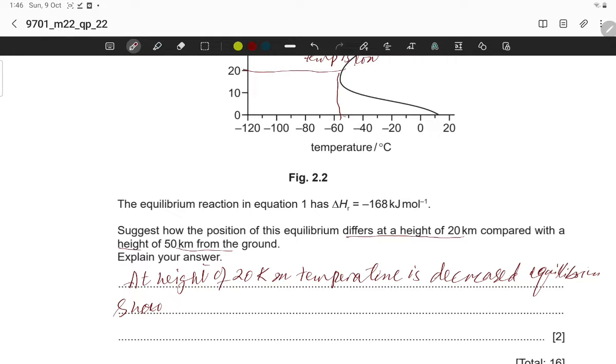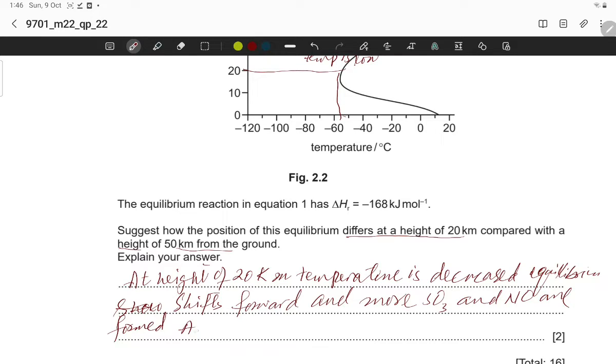So by decreasing temperature, equilibrium favors the exothermic side and shifts forward, and more sulfur trioxide and nitrogen monoxide are formed.